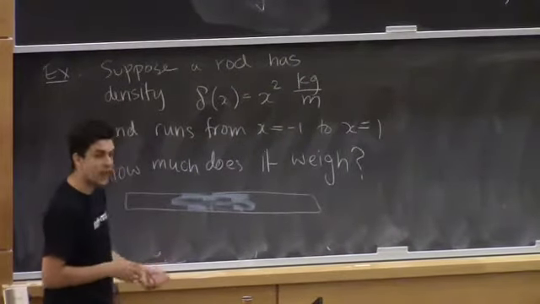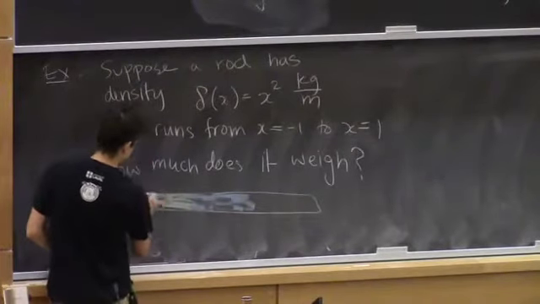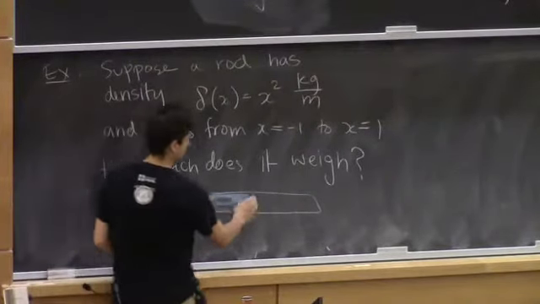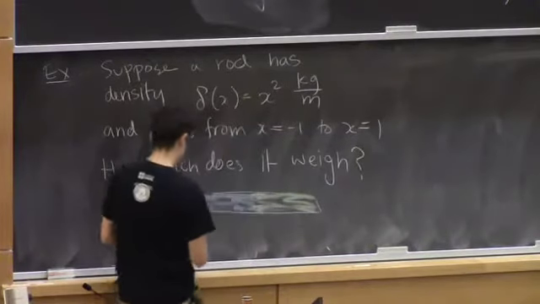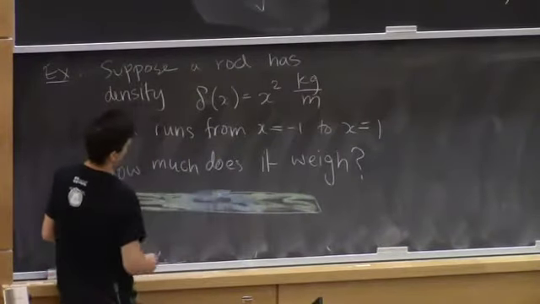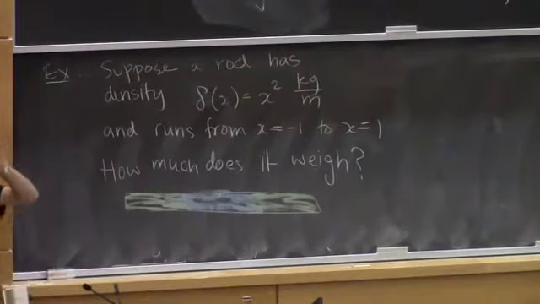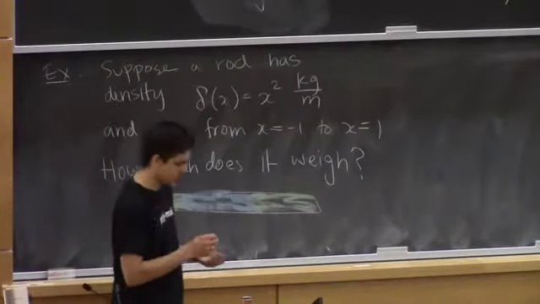But then going out towards the ends of the bar, the density gets higher. So we don't have discrete blocks anymore. We have a continuously changing density on this thing.